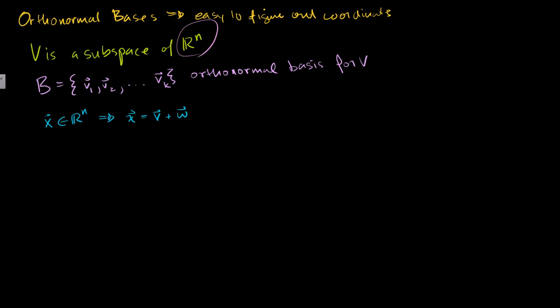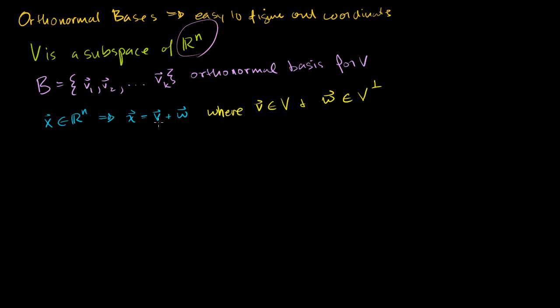Let me write that down. Where v is a member of my subspace, and w is a member of my subspace's orthogonal complement. We saw this when I was doing the whole set of videos on orthogonal complements.